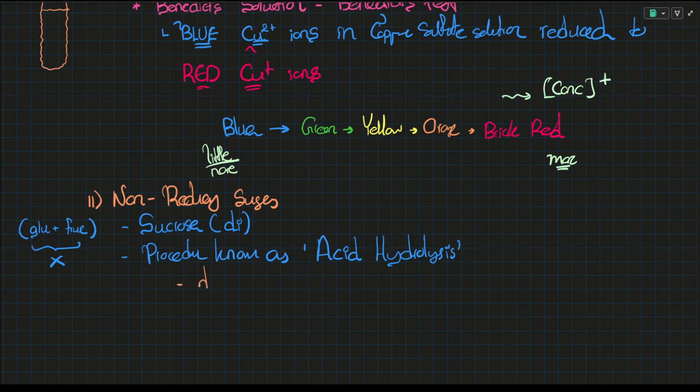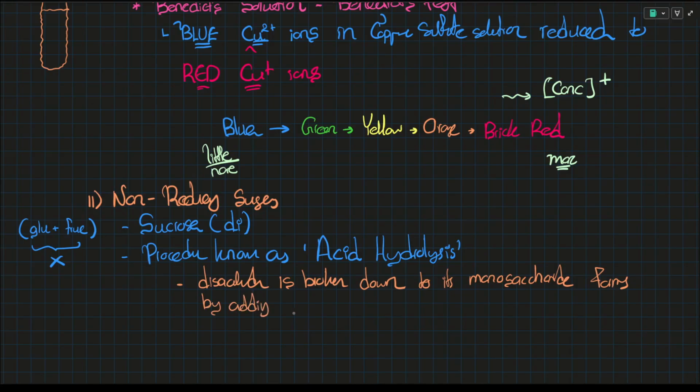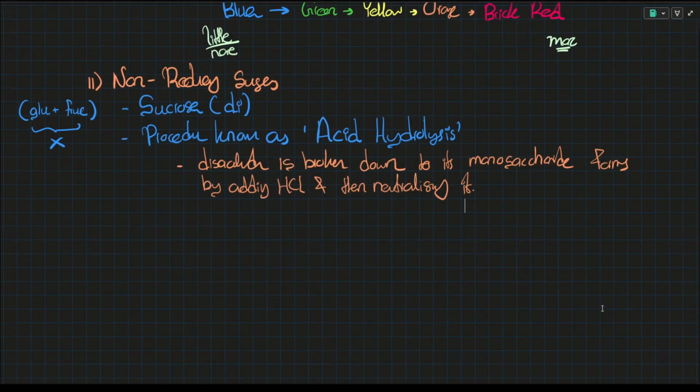When it comes to acid hydrolysis, the disaccharide, our sucrose, is broken down to its monosaccharide forms by adding an acid, typically HCl, and then neutralizing it. Once we add an acid, it's acidic, so you use a simple base and then you neutralize it. That is the procedure known as acid hydrolysis.